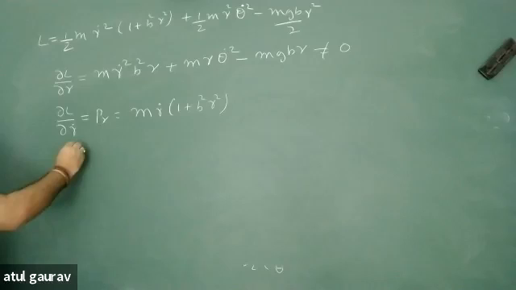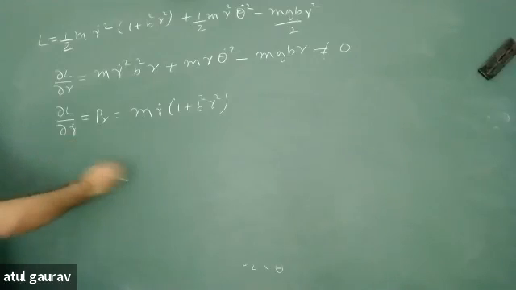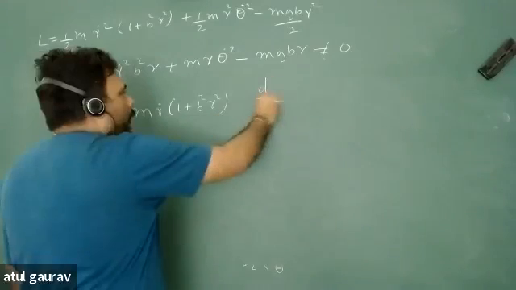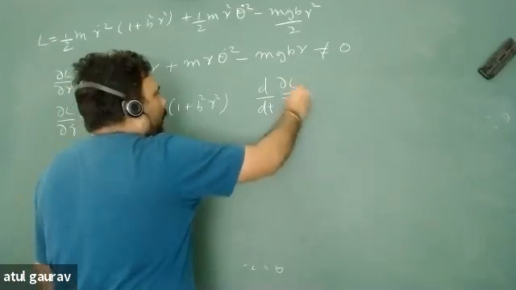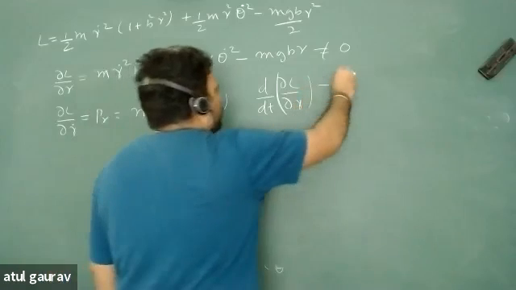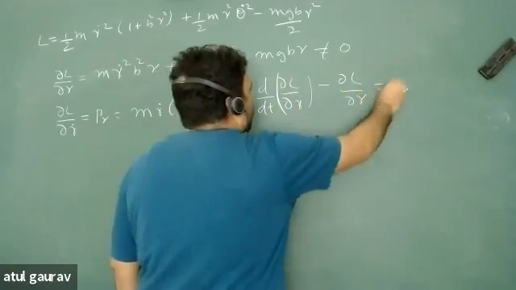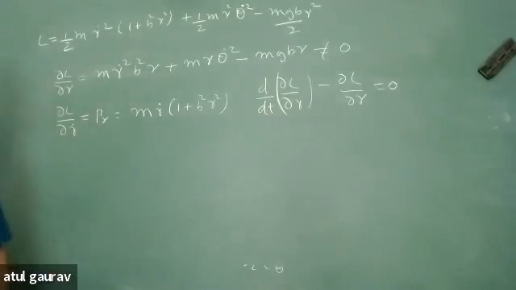Now what will be the equation of motion? The equation of motion is d/dt of ∂L/∂ṙ minus ∂L/∂r must be equal to 0. So we have to write the equation of motion in the r direction. How will you write it?